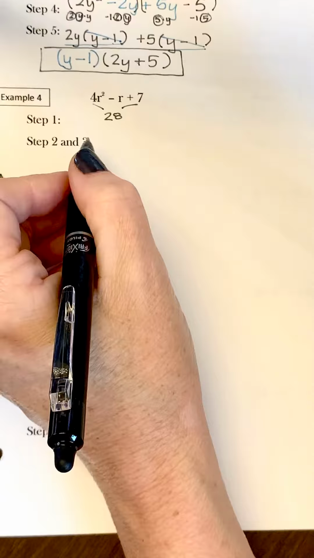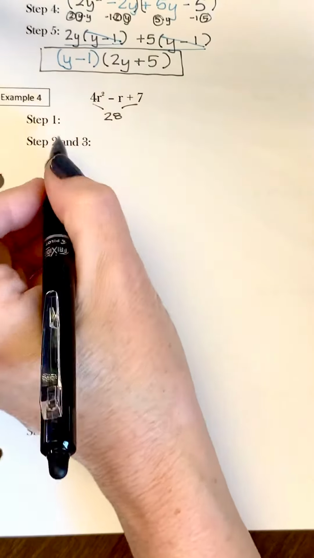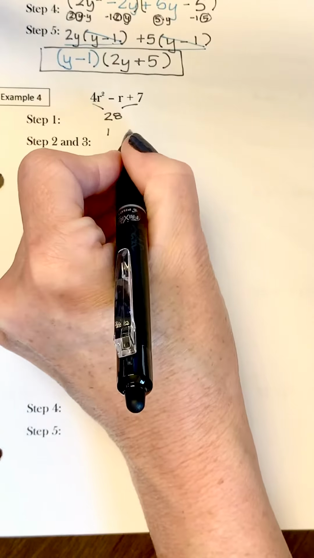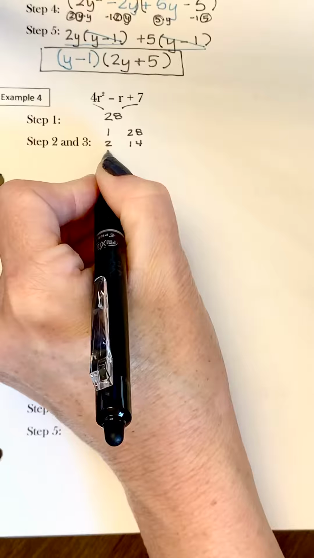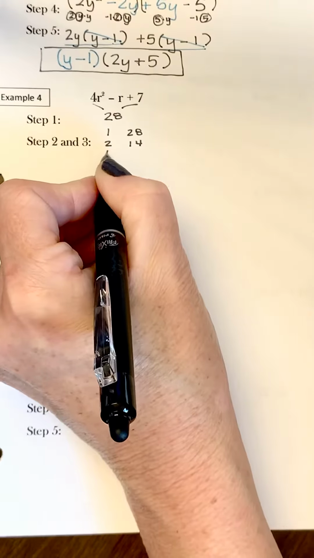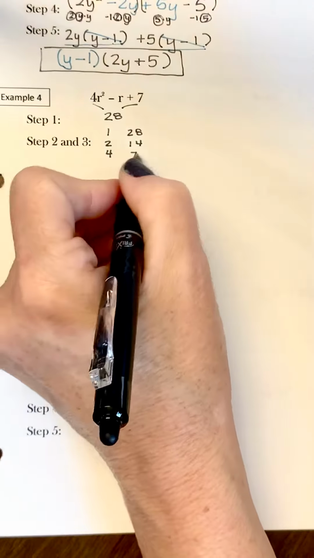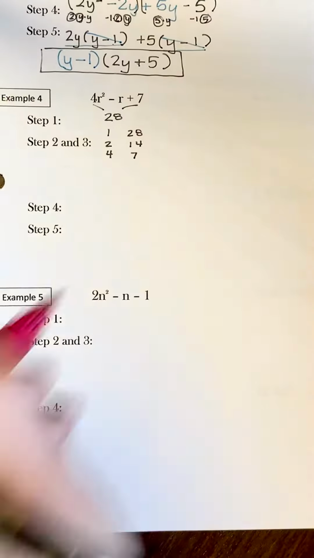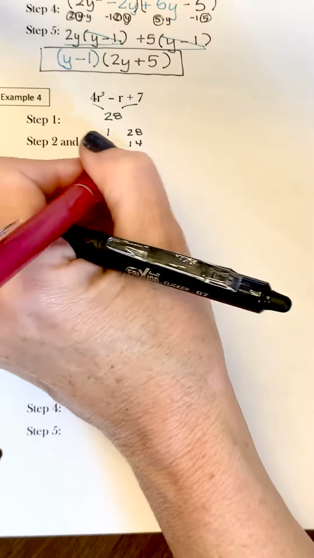All right, step 2 is to list the factor pairs of that product. So the factor pairs of 28 are 1 and 28. 2 will go into that 14, 3 won't, 4 will go into that 7, 5 won't, 6. Okay, so that's it. Now I'm going to use the signs to help me pick the factor pair.